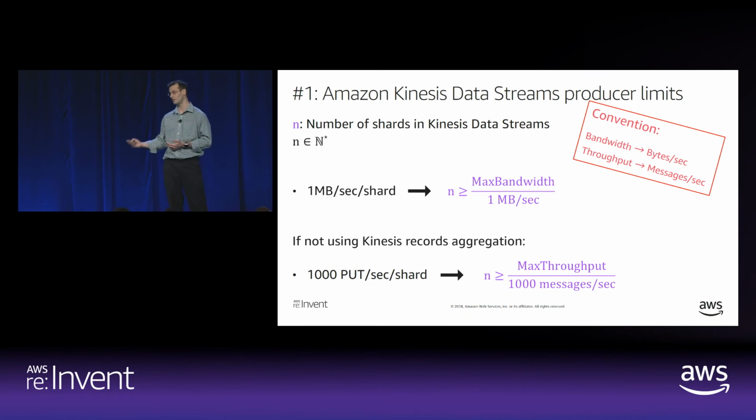So I gave them the two pieces of advice that I just gave you: aggregate the records, compress the data. And they were able to drive down the need for the number of shards from 700 to 80. And more importantly, on the cost of running their stream, they saved about $200,000 per year. So I hope that this advice is going to be as beneficial to you as it was for them.